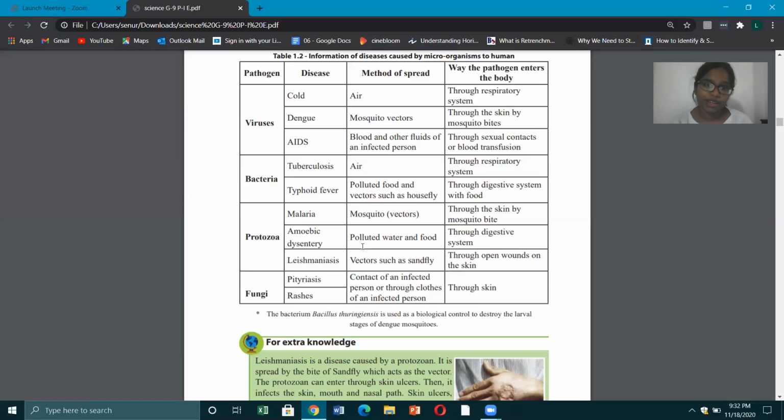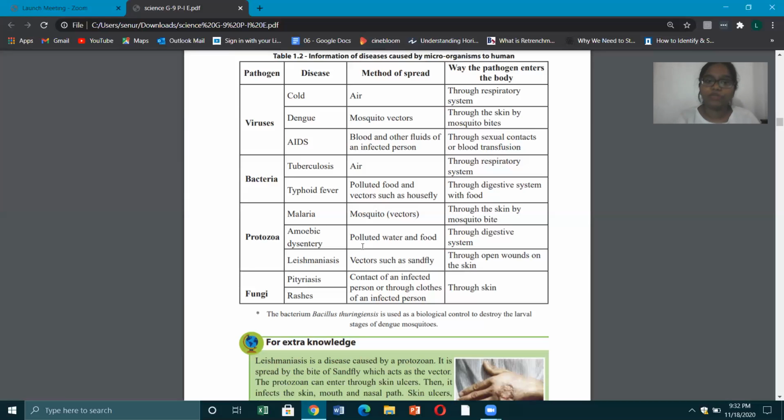And leishmaniasis, with vectors such as the sandfly. It also occurs because of a protozoan parasite, and it is spread by the sandfly. The pathogen can enter the body through open wounds on the skin.